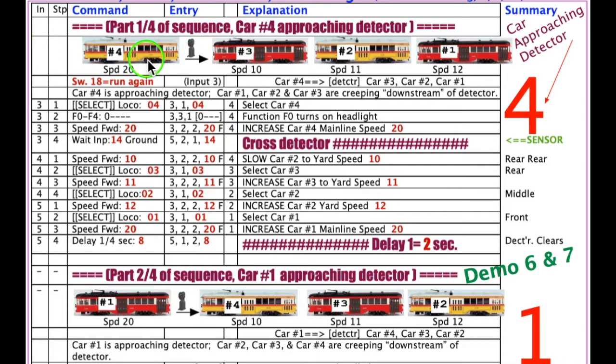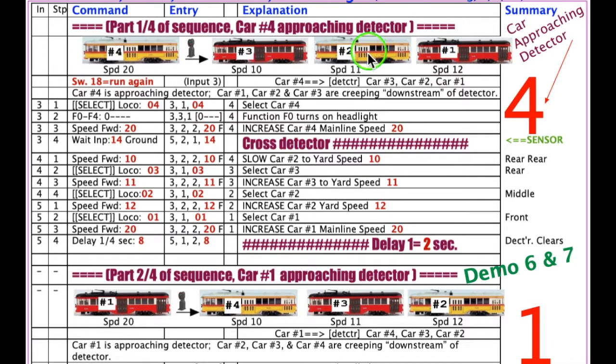That's when this yellow car crosses in front of the detector. At that point, we reduce its speed to 10. That's the yellow car. It's crossed the detector and it'll be here. We reduce its speed to 10. The next car, which is car 3, this one we increase its speed to 11. Car 2, which is this car, we increase its speed to 12.